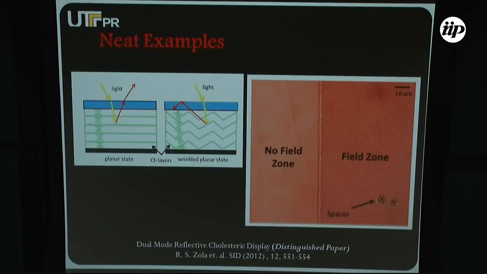So if you apply a very fast pulse, there's no time to form this focal conic state. The material just tries to get a wrinkle configuration like this, just to get rid of the elastic energy. So we apply like a 1 millisecond pulse, and then it forms this wrinkled state, and it stops reflecting light.